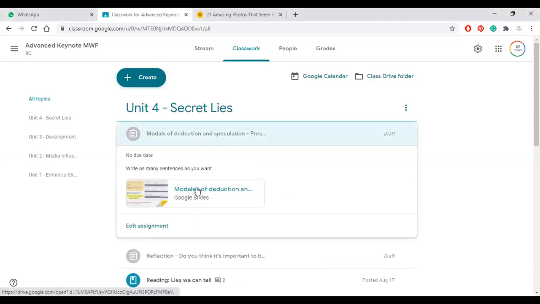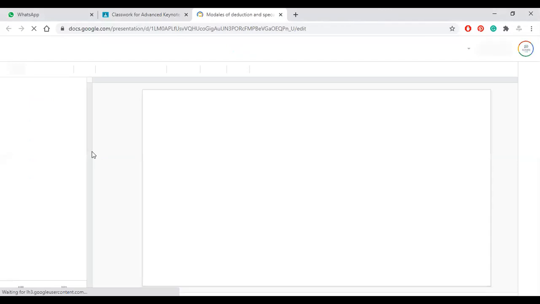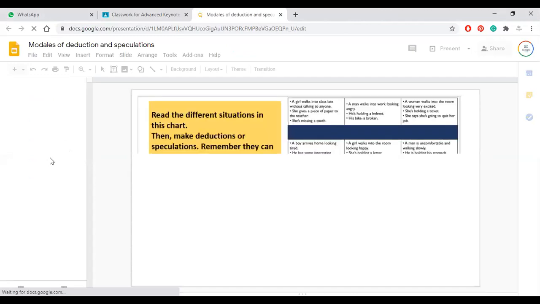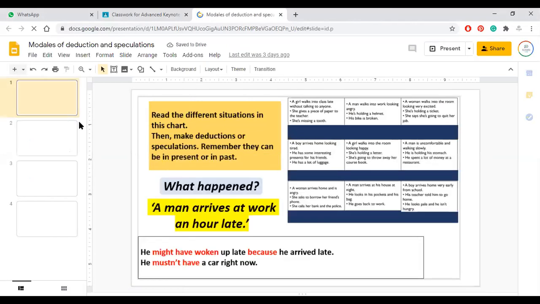One says models of deduction and speculation. Actually, it's the same thing. In here, what I did is I put two Google slides with the same activity that you did speaking.